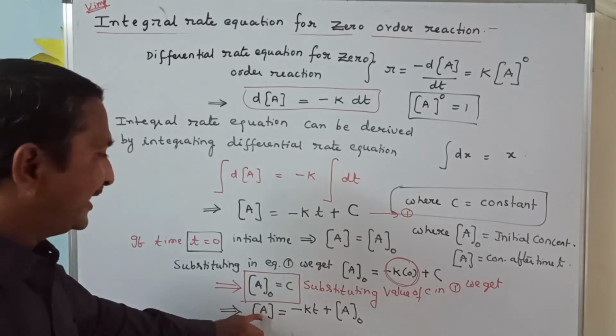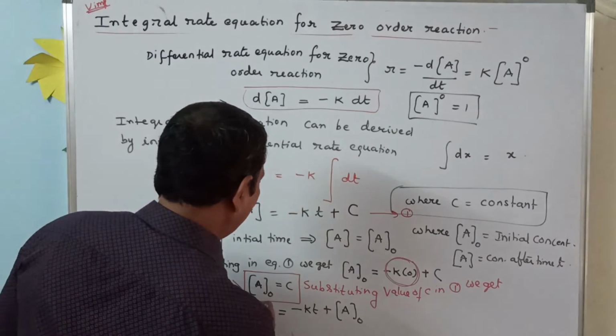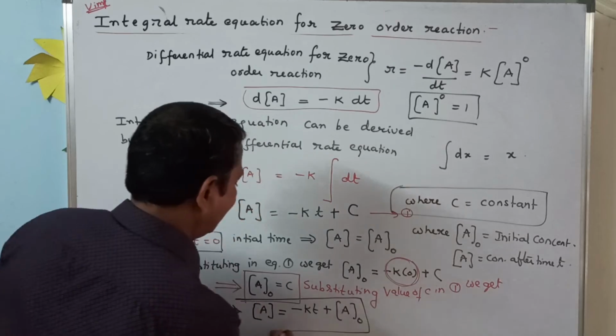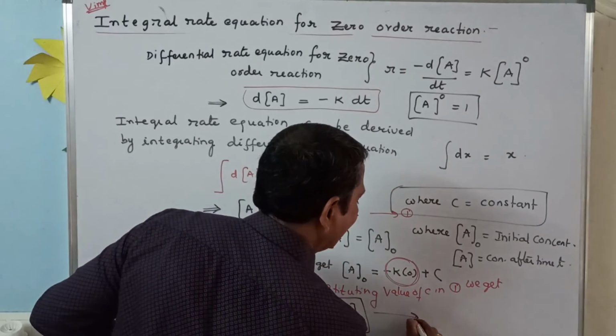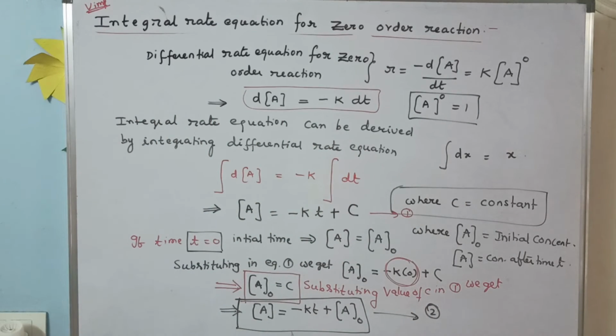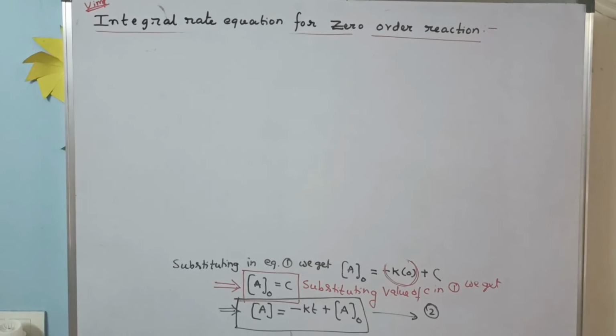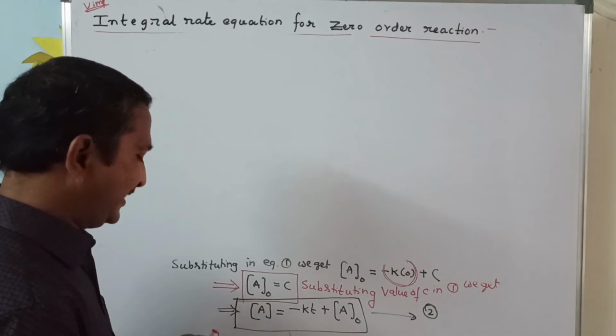Note down first. [A] is equal to minus kt plus [A]0. This is the integral rate equation for zero order reaction. Let it be 2.